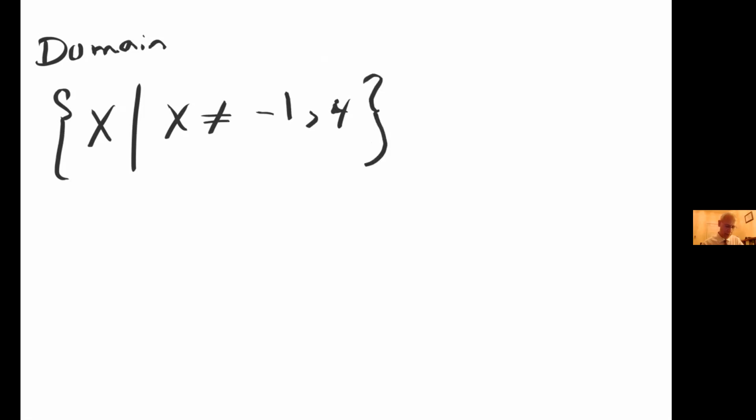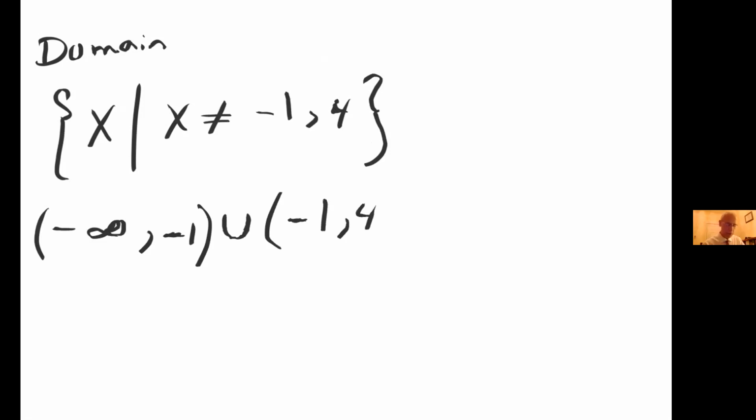The more common way is to say from -infinity, and infinity is never in a bracket, all the way to -1, -1 is excluded, together with, or union, from -1 to 4, 4 is not included, together with from 4 to +infinity.